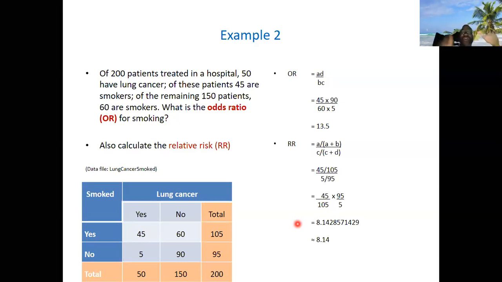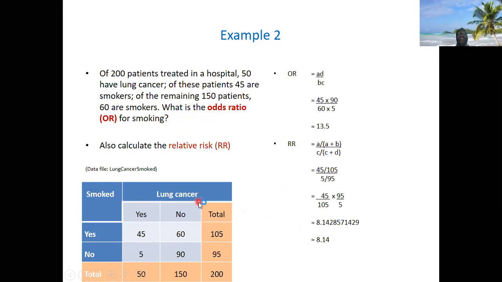But for case control study, a typical example for the odds ratio, look at what you start with: how many people have lung cancer first. That's why they call it case and control. Now, 200 patients treated in hospital, 50 have lung cancer. Of these patients, 45 are smokers. Of the remaining 150 patients, 60 are smokers.